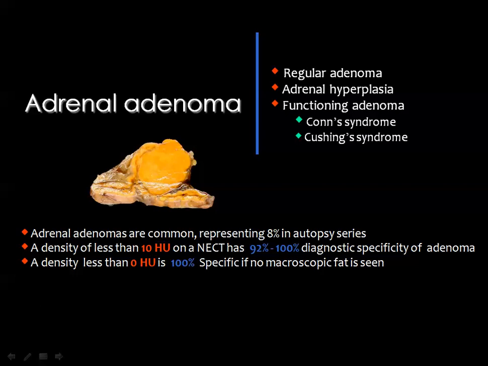The functioning adenomas are encountered in cases of Conn syndrome or hyperaldosteronism and Cushing syndrome. So, in order to diagnose the commonly seen adrenal adenoma, which is the lipid-rich adenoma, there are certain criteria for the diagnosis. These adrenal adenomas in general are common, representing about 8% in autopsy series.